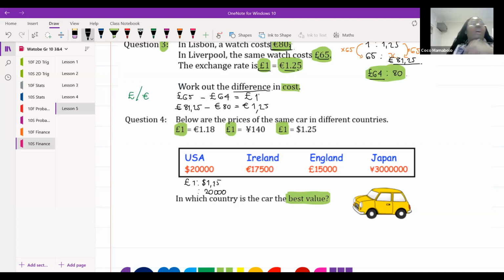Now I have $20,000. So I need to figure out, how did I get from 20,000 to 1.25? What did I do, guys? Divide by how much? Correct. And what answer did it give you, Imelda?